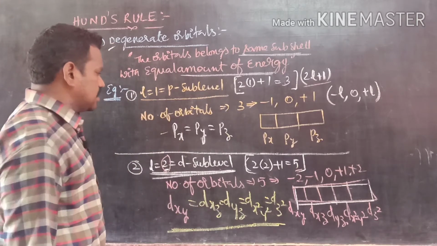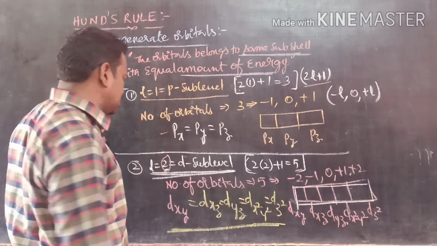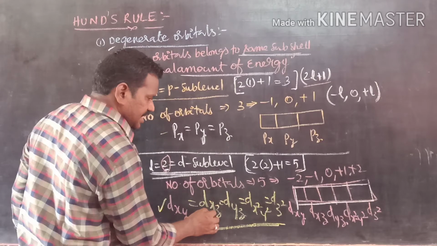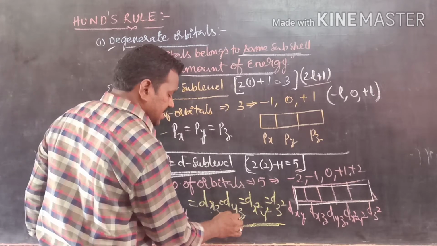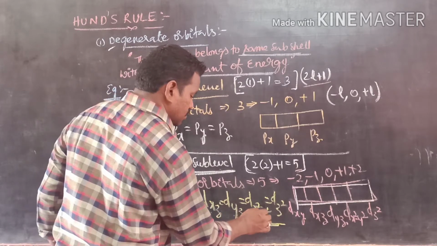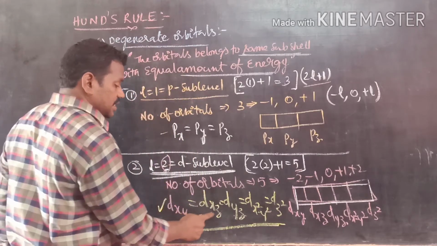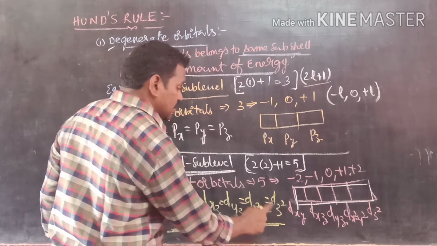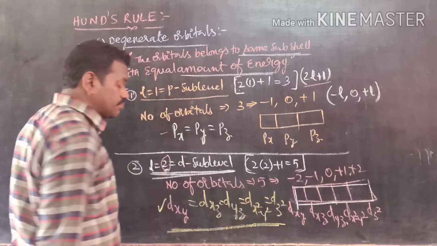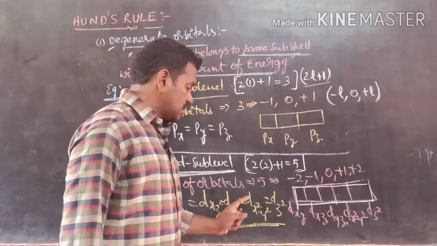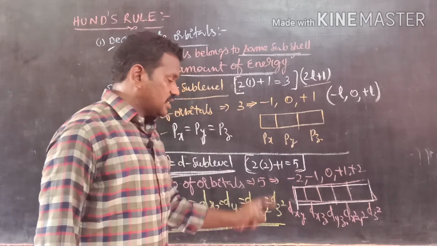Examples are px equals py equals pz, or dxy equals dxz equals dyz equals dx²-y² equals dz². Why? Because they are located along particular axes, and for that reason we term them dxy, dxz, dyz, dx²-y² and dz².